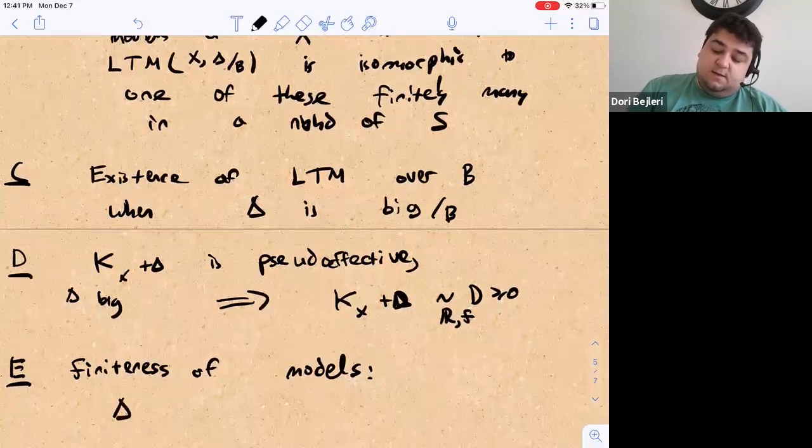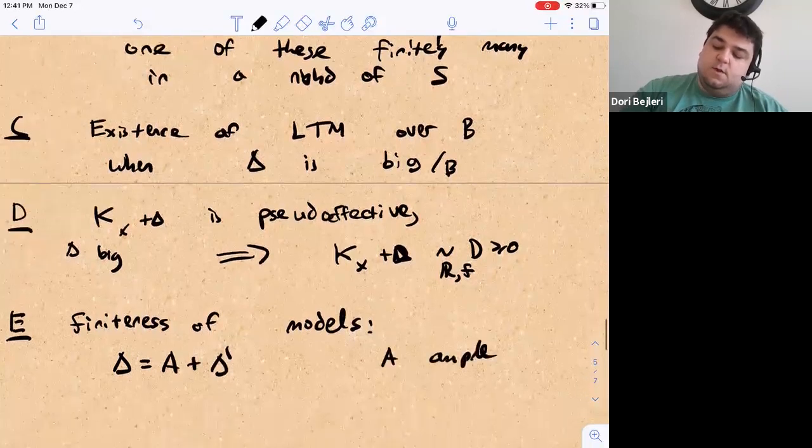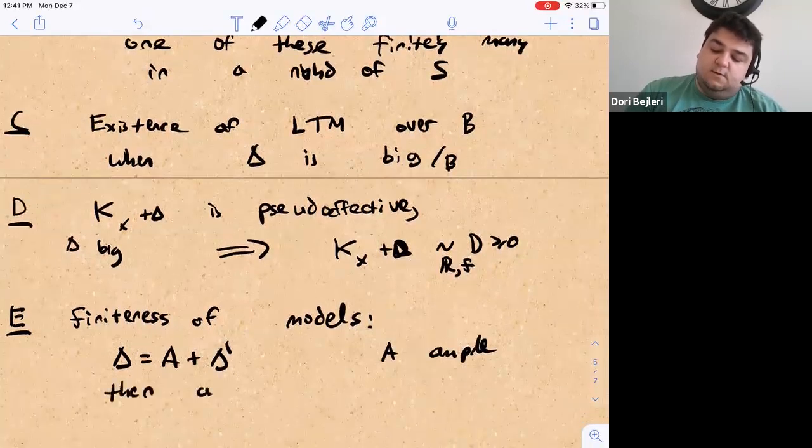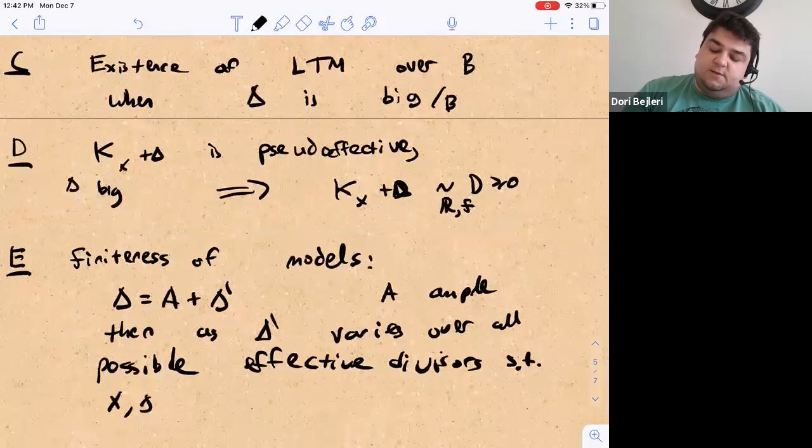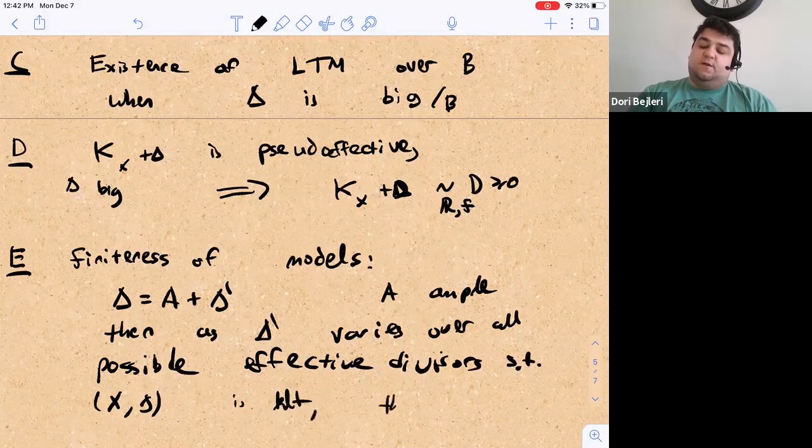If you let Δ equal a fixed ample plus Δ', then as Δ' varies over all possible divisors such that (X, Δ) is KLT, there are only finitely many models.